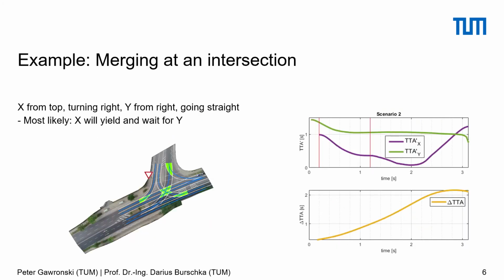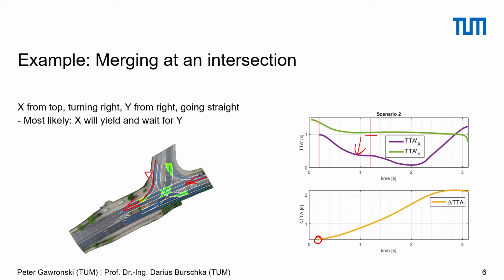Just two short examples. There's one vehicle X coming from the top, and there's another vehicle Y coming from the right side. At the first moment when they see each other, the delta TTA is less than 1 second, so there definitely will be an interaction, if not even a collision. And the second vehicle Y has the right of way, so the first vehicle slows down significantly to let it pass.